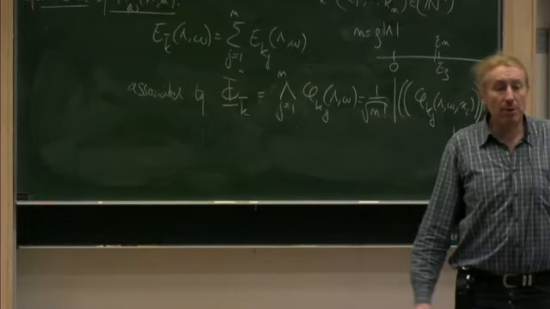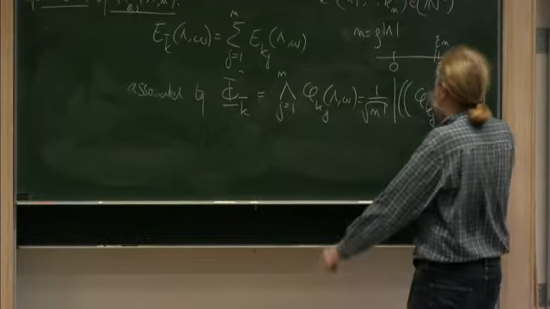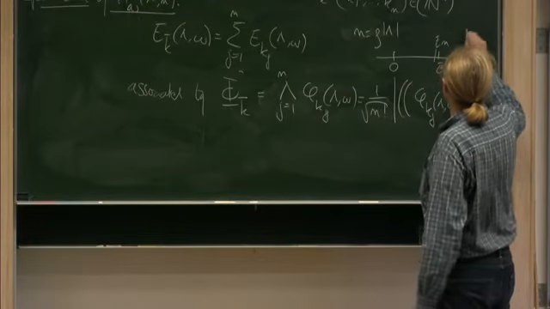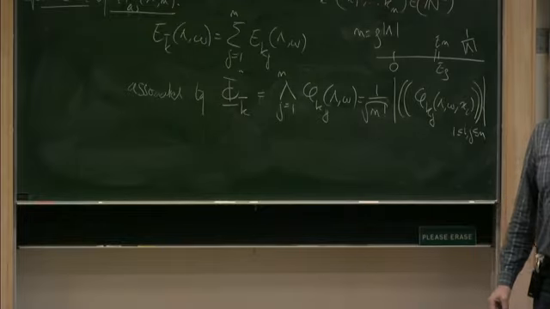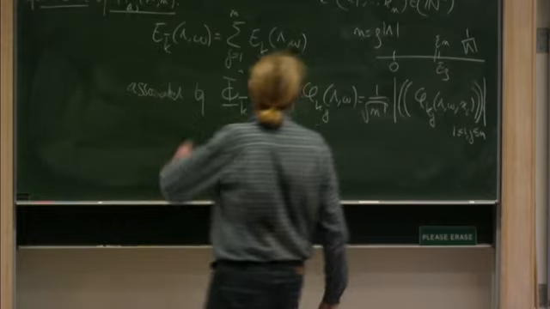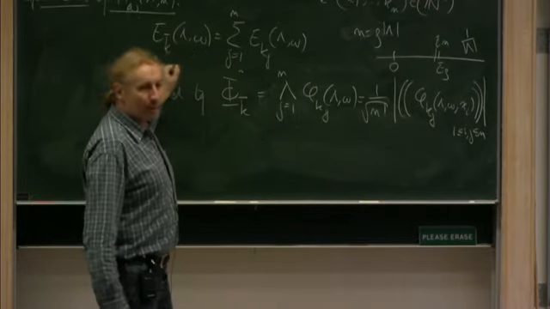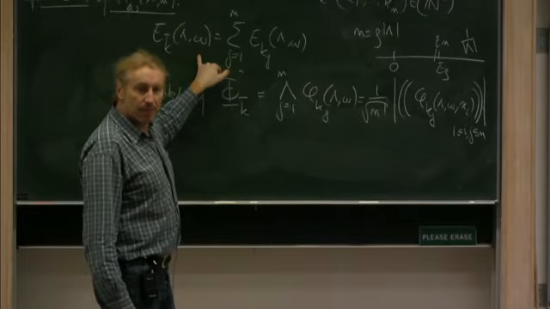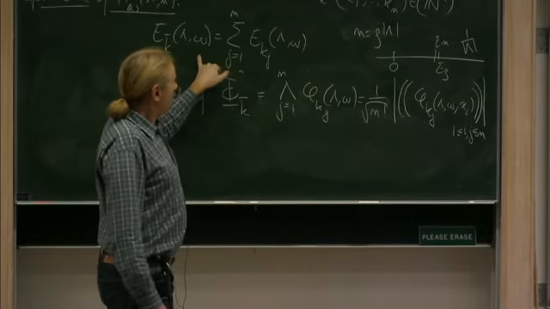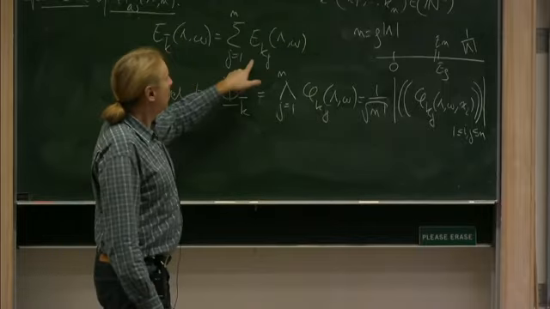But it's known that in the bulk of the spectrum, the spacing between the eigenvalues is 1 over the volume lambda, roughly. So when you start from the ground state, E_0, what is the next eigenvalue?